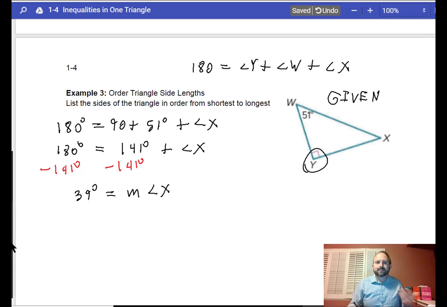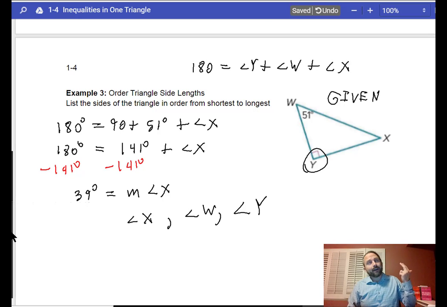So now I know the order. I know that angle X is the smallest, followed by angle W, and then the largest angle is going to be angle Y. So now I have figured out the order of the angles. Now I can write in the order of the sides.